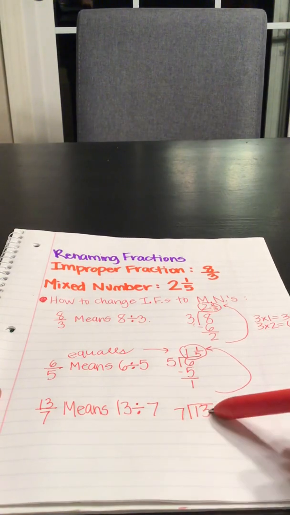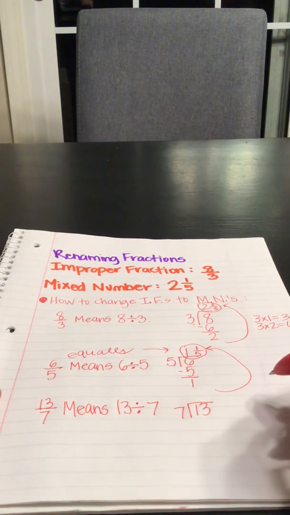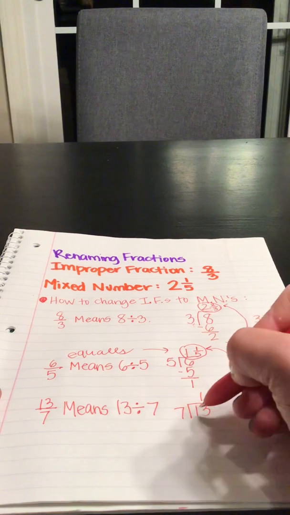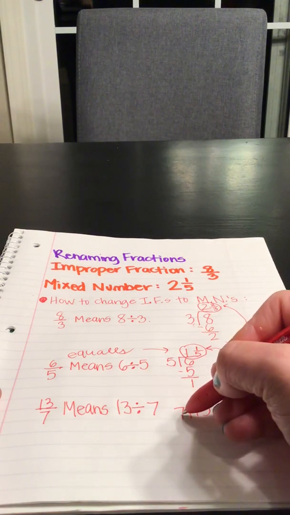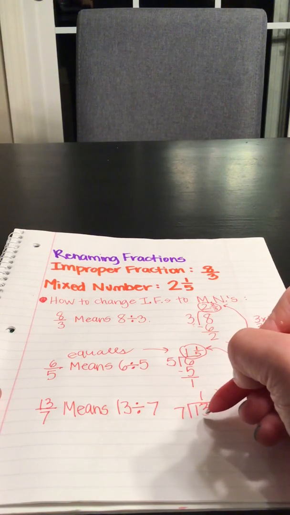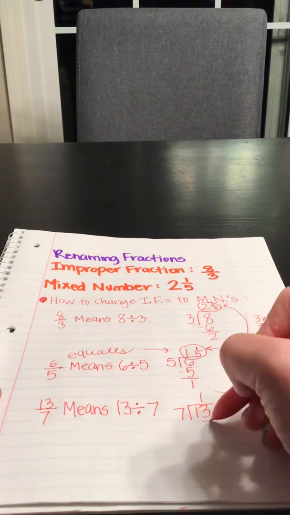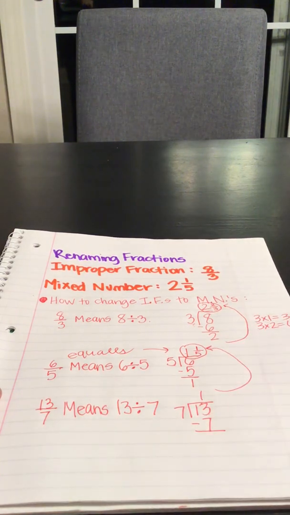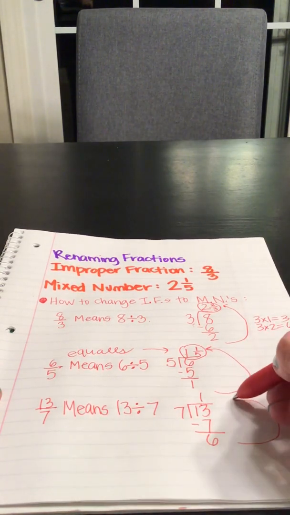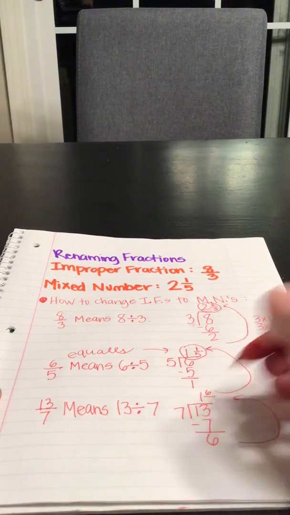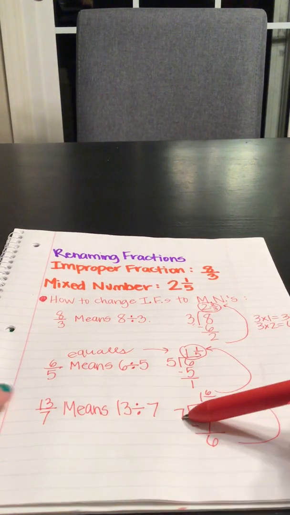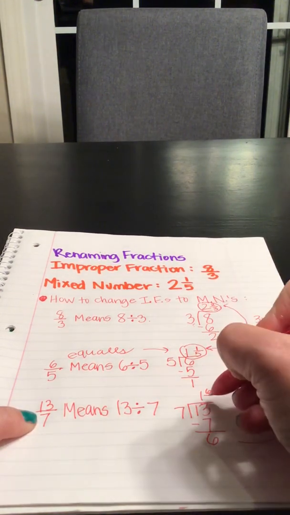How many 7s can fit in a 13? You're right, only 1, because 1 times 7 is 7, and if we did 2, that would put us above it. It would put us at 14. So 1 times 7 is 7. Subtract to find your remainder. 6. So this goes on top of the fraction bar, and of course the 7 stays on the bottom.